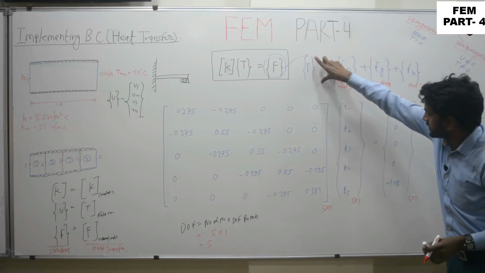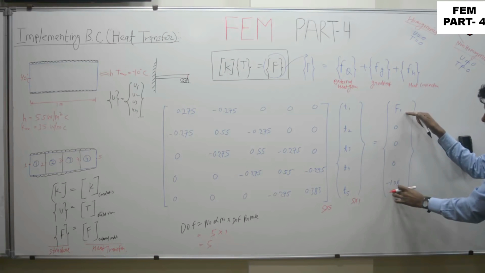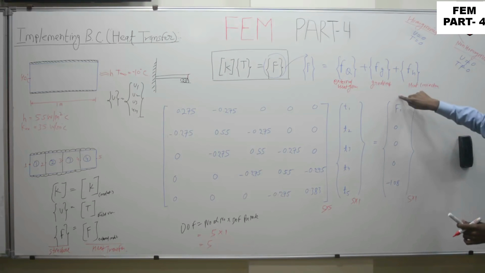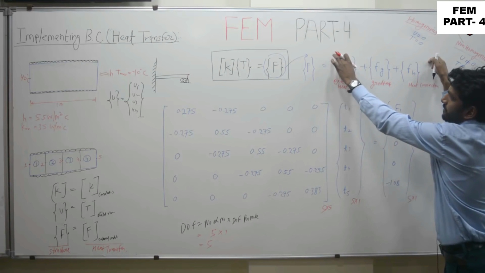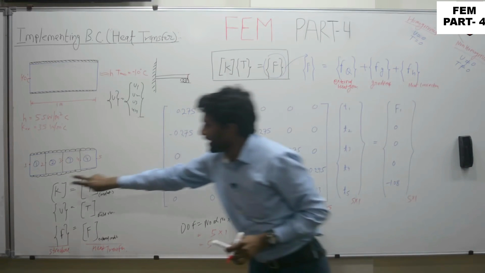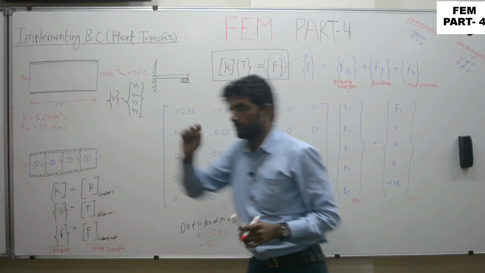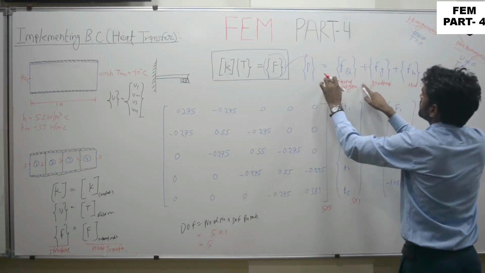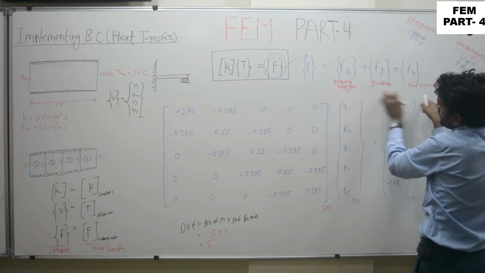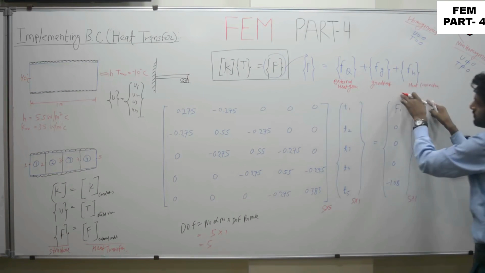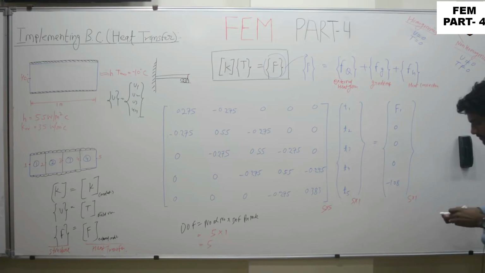So what I have written over here is F1, 0, 0, 0, minus 1.08. It means I have taken the contribution of first, second, third. Firstly you need to find out F1, F2, F3, F4. It means for Q, then for gradient, and then for heat convection. Then you need to assemble those particular variables, and then you will come to these particular values.